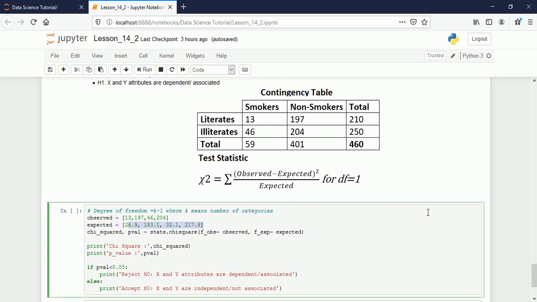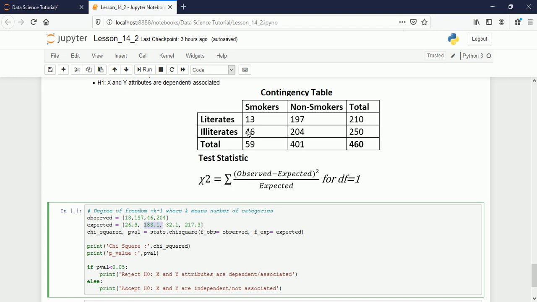For calculating these values, it is very simple, friends. If I am calculating the expected value for this one, I have to find this row sum into this column sum divided by the total number. So it gives me the expected value for 13. For 197, I take the sum of these two numbers and the sum of these two numbers, multiplied and divided by the total number, and it gives me this value.